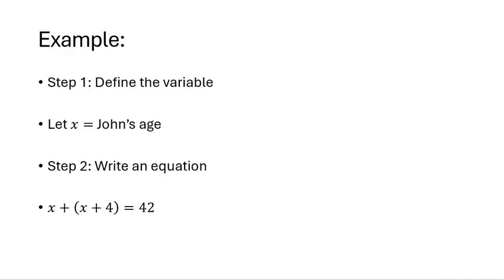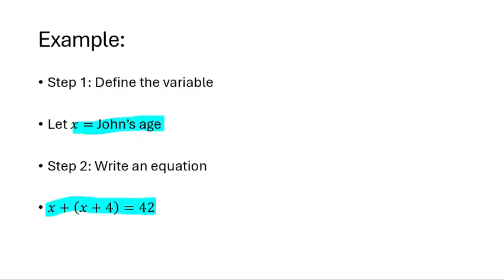So how are we going to do it? Step one, just follow the steps, okay? You'll be fine. What I've done is I have let x be John's age. Step two, I'm writing an equation.